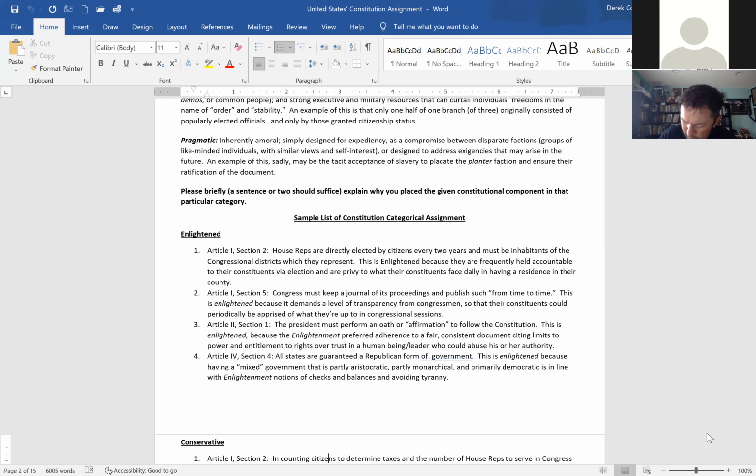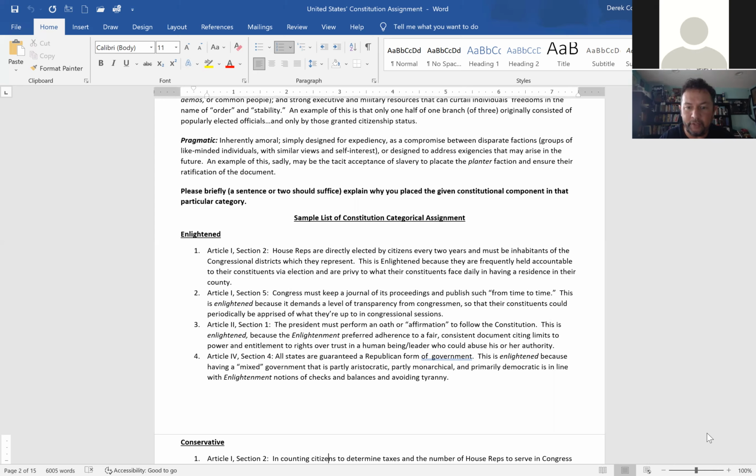Okay, and as for this assignment, there's three categories: conservative, pragmatic, and enlightenment. But you want us to list four articles, and there's three. I want you to give four examples under all three categories. Yeah, so just four examples under each of the three categories, so that the numbers don't have to coalesce.